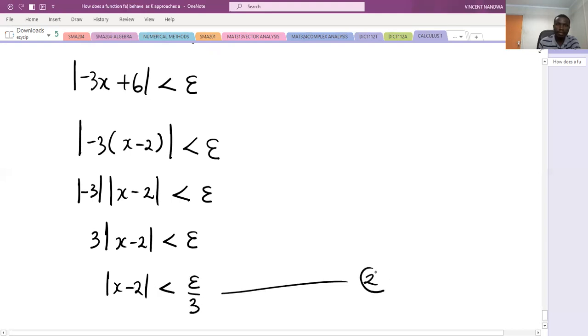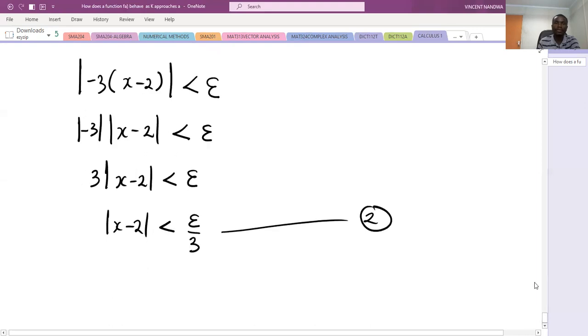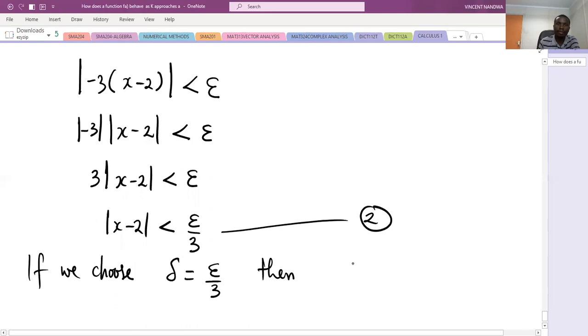Call this equation 2. So from equation 1 and equation 2, we choose delta to be epsilon over 3, then we are done.